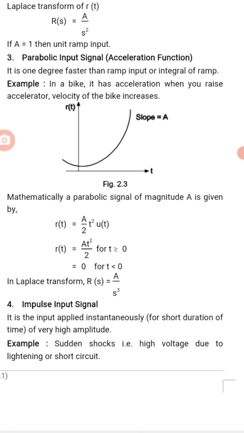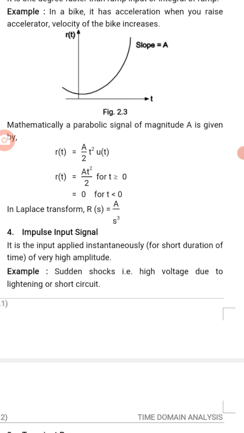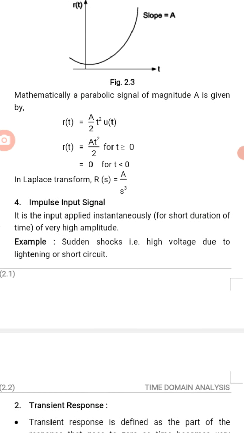Figure 2.3 shows a parabolic input signal, where on the y-axis it is r of t and on the x-axis it is t. So the r of t versus t function is parabolic in nature, and its Laplace transform is given by r of s is equal to A upon s cubed.